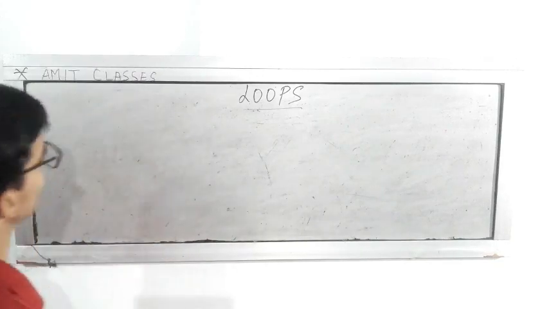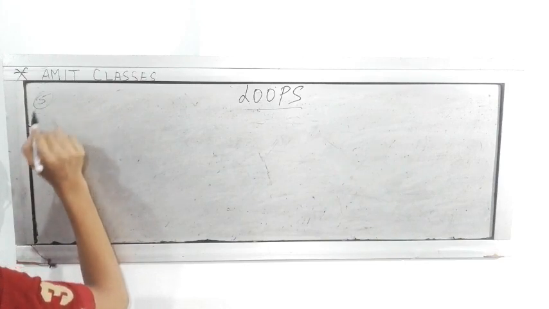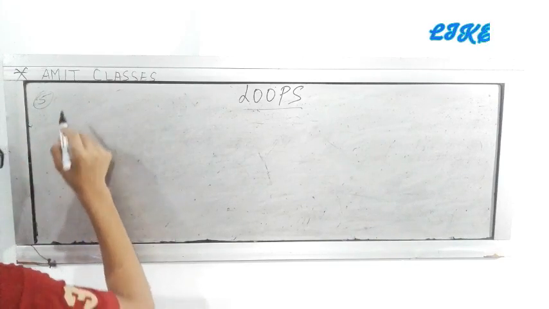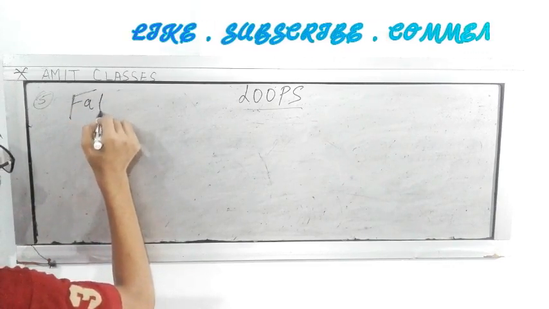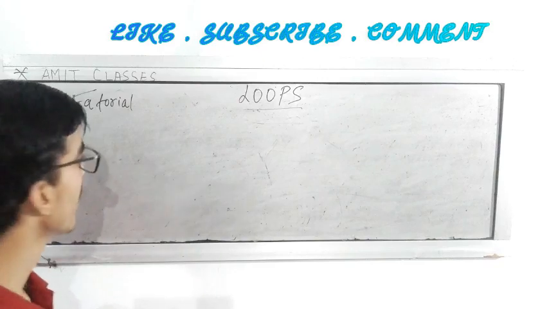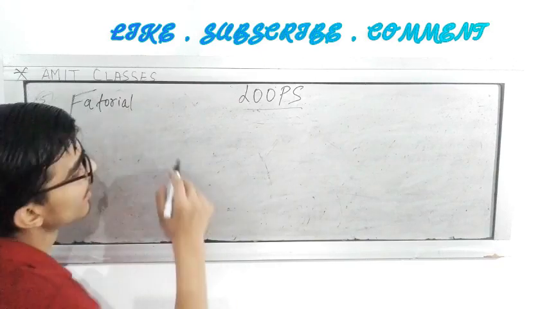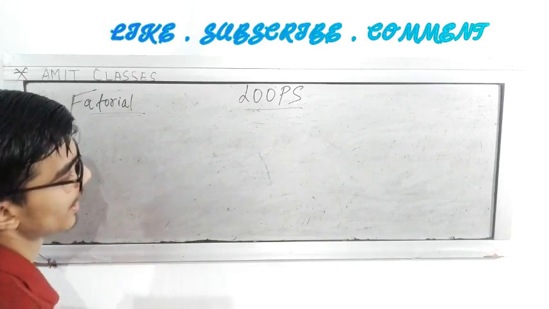So we'll move towards some high-tech programs. Now, question 5, there is a question of factorial. Write a program to take a number and find its factorial. So what is factorial?